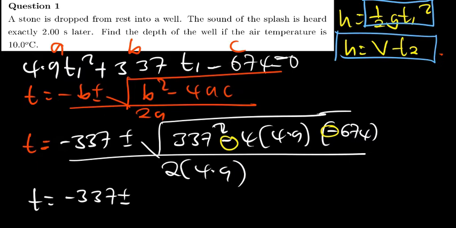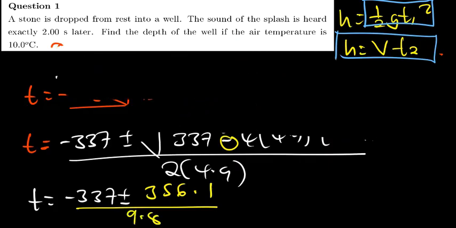So I'm getting 126,774.4. So now I get the square root of this. I'm getting 356.1. Then I divide this by 2 times 4.9, which is 9.8.